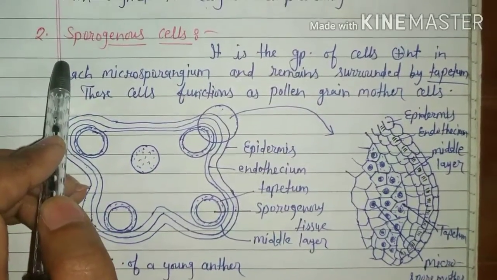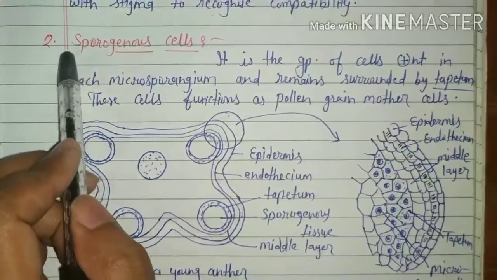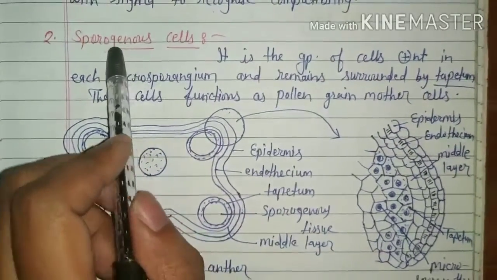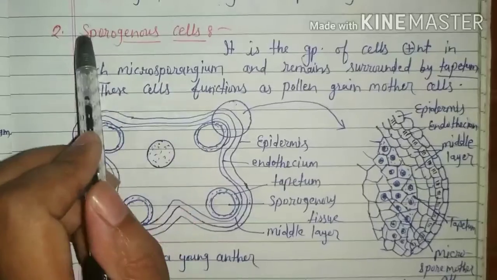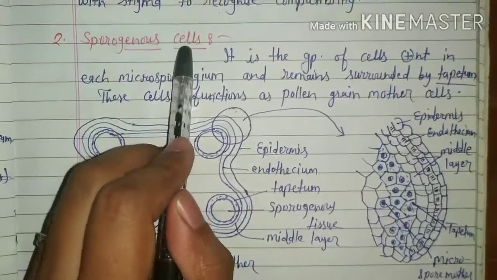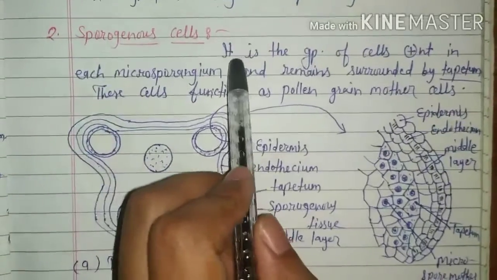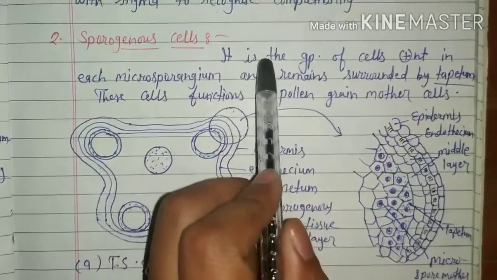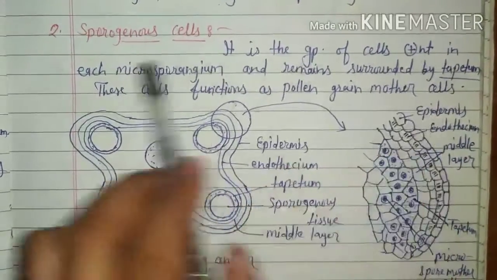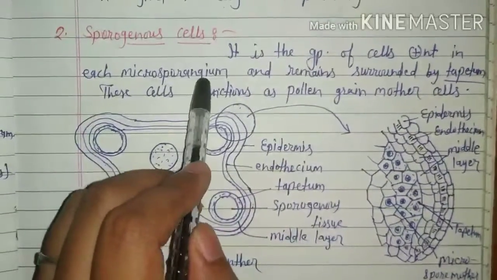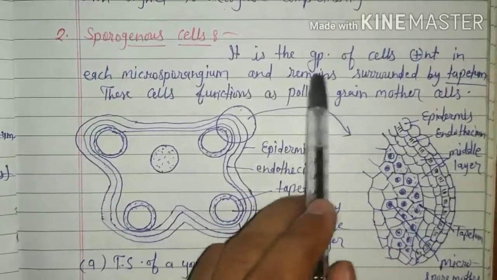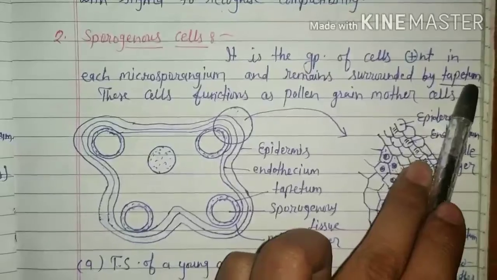Now, the second part of a microsporangium is the sporogenous cells. It is the group of cells present in each microsporangium and remains surrounded by tapetum.